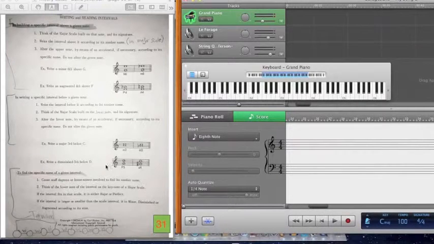Just remember, match the number to the interval, right? Match the diatonic notes to the major scale of the bottom note, right? Once the notes are the diatonic notes of the major scale based on the bottom note, then and only then we change the accidental to match the quality that they're asking for.